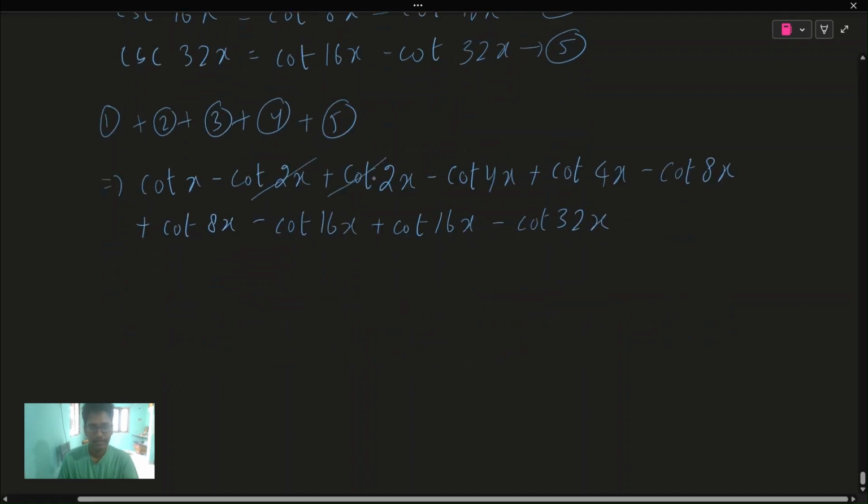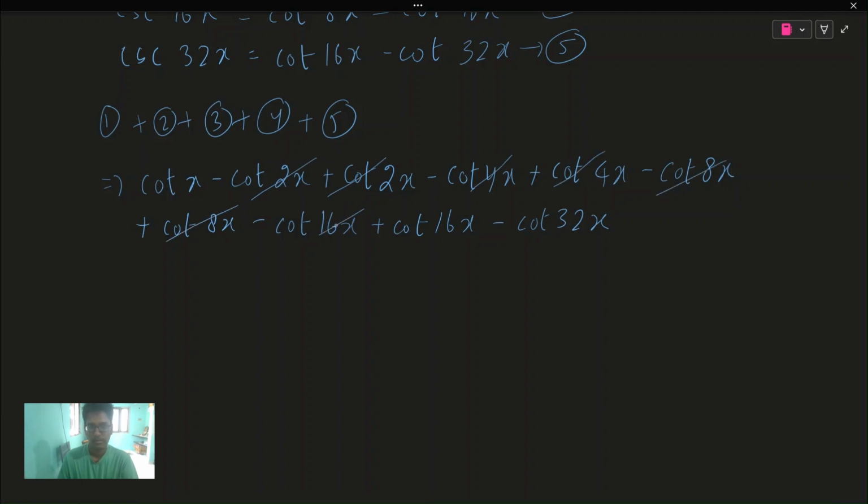Just cancel these. Cot x minus cot 32x, which is the RHS, hence proved.